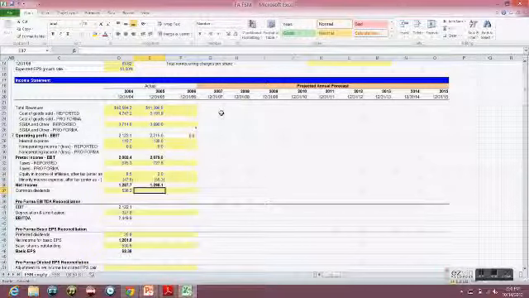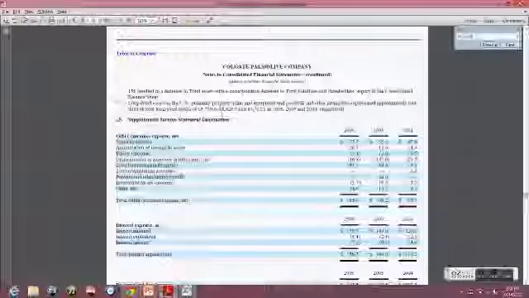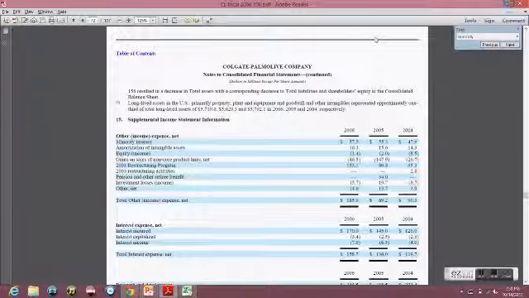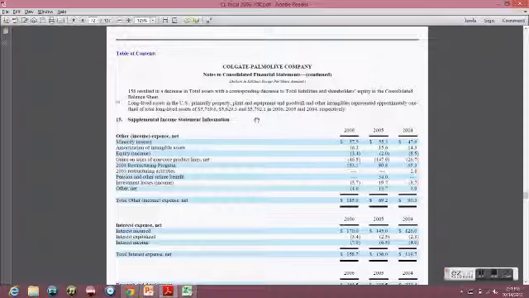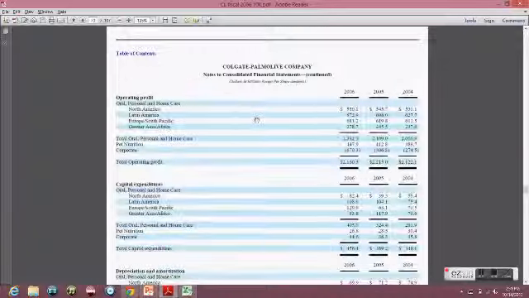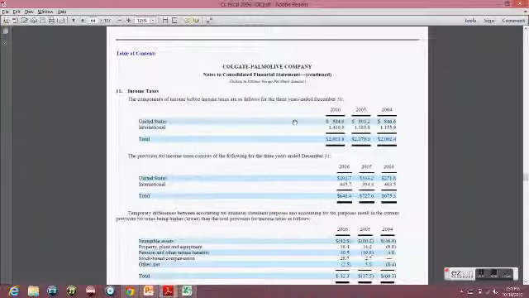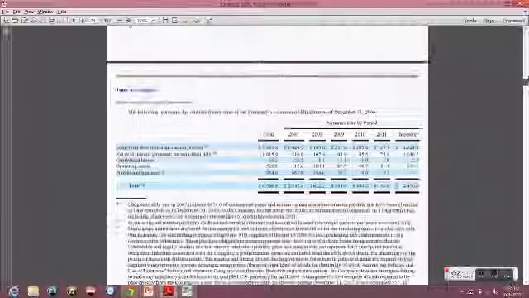Now, how do we get our common dividends? Okay, we'll get our common dividends. Now, this is just for sake of memorization, but we just have to flow back all the way to the top of the 10K, find our income statement again, and this is the way I do it.